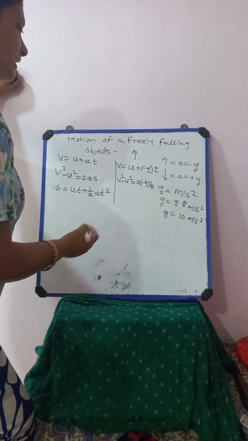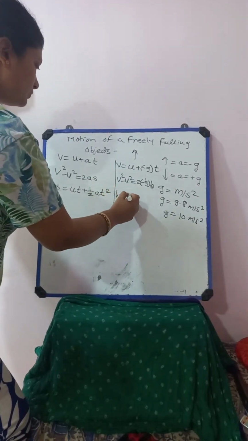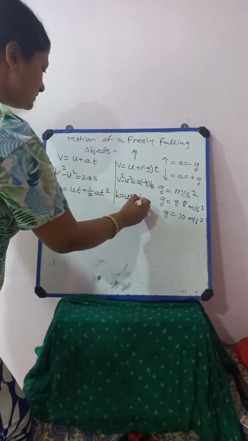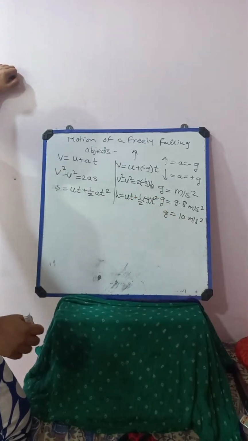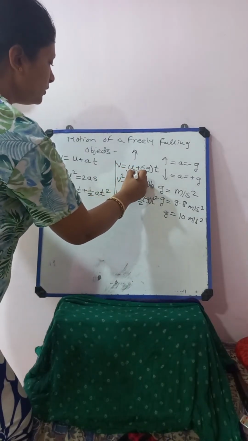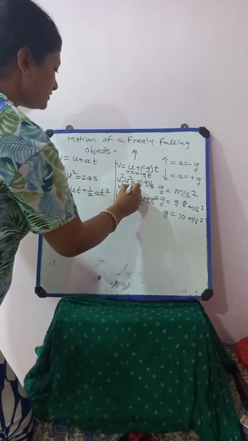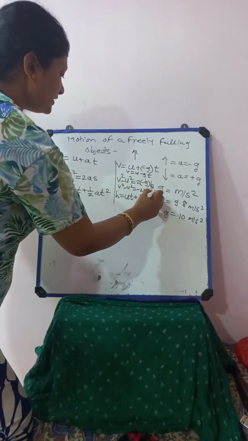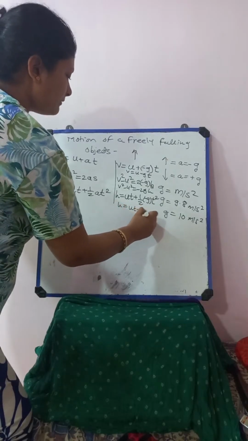So h is equal to ut plus half minus g t square. You can write it as v is equal to u minus gt, v square minus u square is minus twice gh, and h is equal to ut minus half gt square.